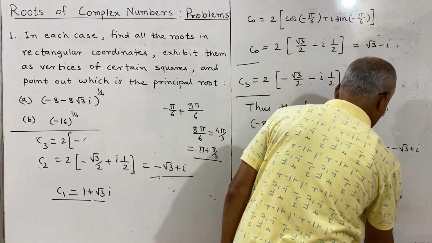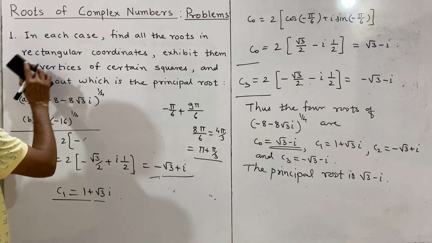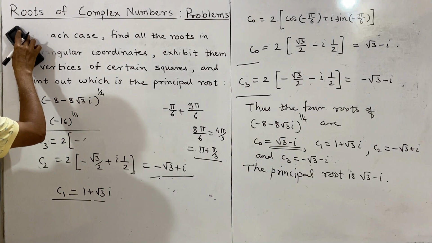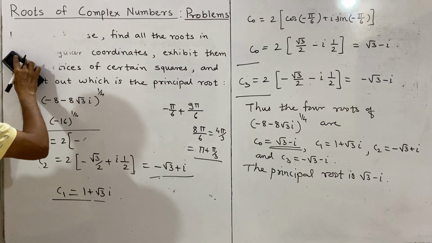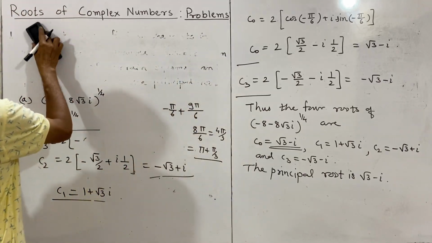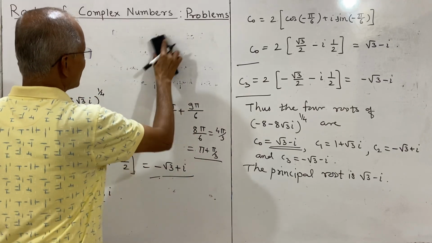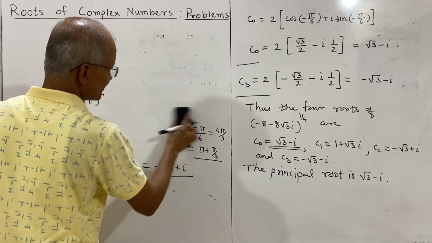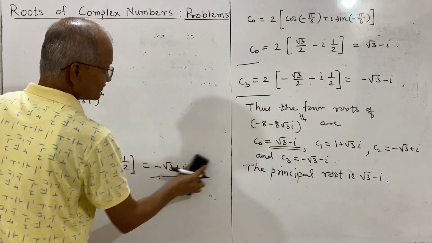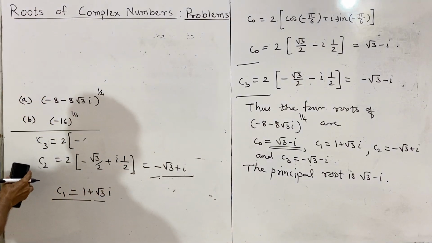Root 3 minus I, and we exhibit these in a rectangular form. These 4 roots will be 4 vertices of a square inscribed in a circle, and the radius of that circle will be 2.